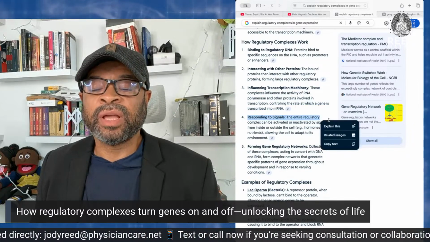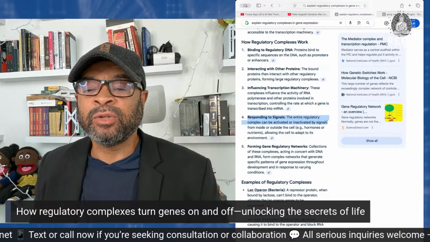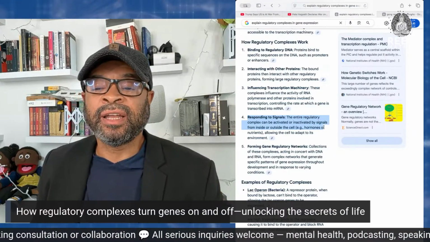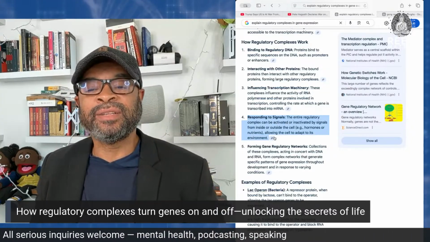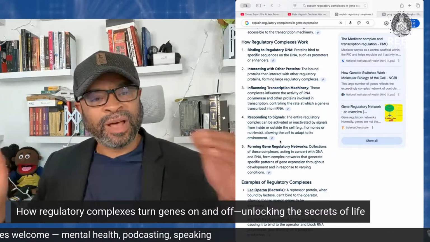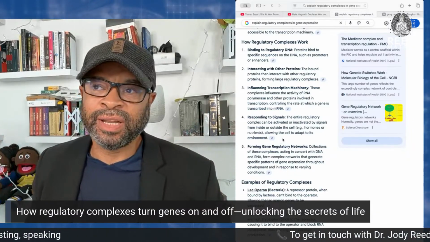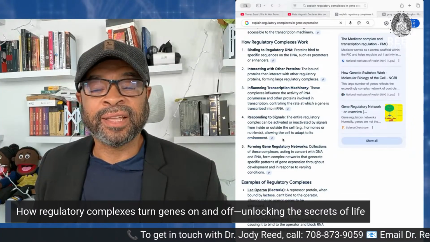The entire regulatory complex can be activated or inactivated by signals from outside or inside the cell, such as hormones and nutrients, allowing the cell to adapt to its environment. This makes sense. It responds to influence from outside the environment. That's a very reliable system. You know, if you're going to produce things, I guess this is an input.